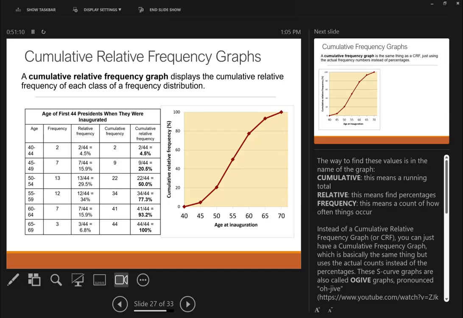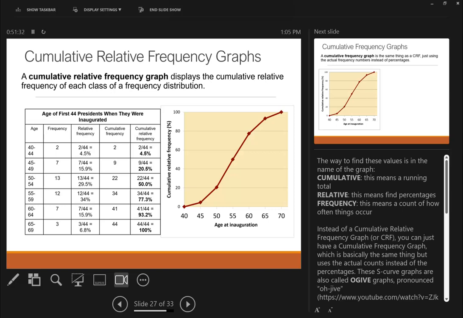What percent of presidents were less than 53 at inauguration? So I just find 53, I track up and I track over, and the percentile's like 35 or something, right? I'm just going to estimate. If I had grid lines, I could be more precise, but I don't care.